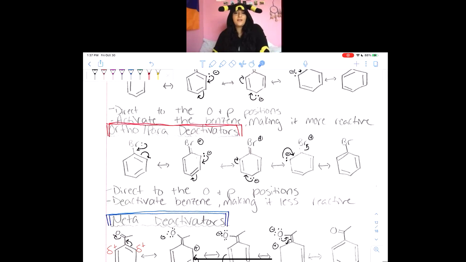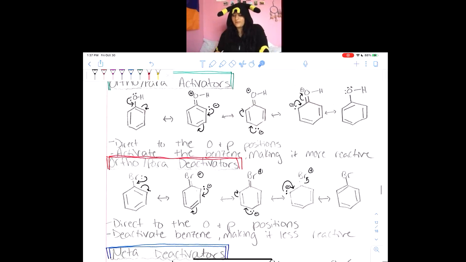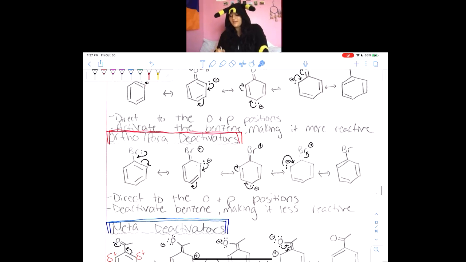So a halogen is going to have very, very similar resonance structures to our regular old electron donating groups because it does have a lone pair. And so the resonance goes all around the ring, and we get that delta minus again on the ortho and para positions. So for this reason, halogens will be ortho-para directors.